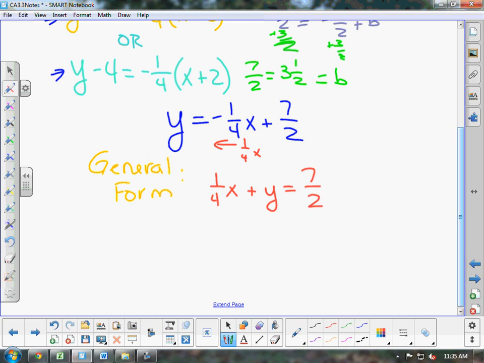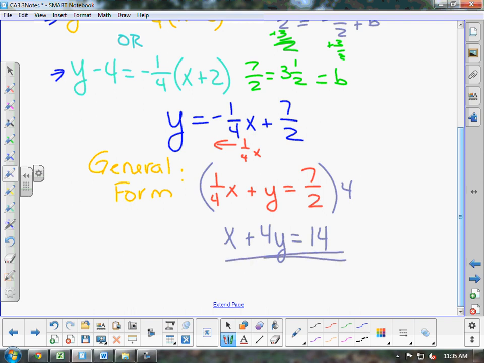And then general form means that they all have to have integers, not fractions. So we would multiply by a common denominator, which in this case is 4. And you would get x plus 4y equals 14. And this right here is general form. And that is everything from section 3.3.